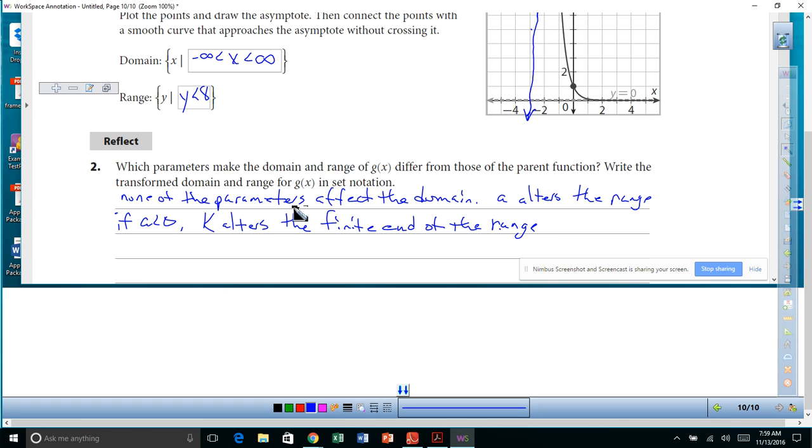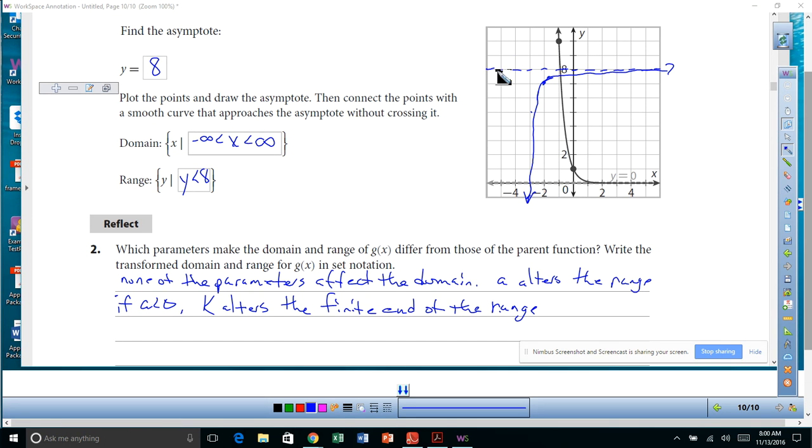So none of the parameters affect the domain. A alters the range if A is less than 0, and K alters the finite end of the range. And when I say that, what I mean is, here's K right here. Okay, if it was 4, it would be down here.